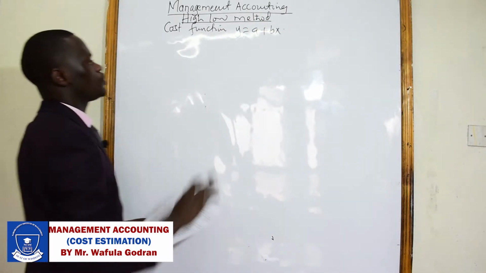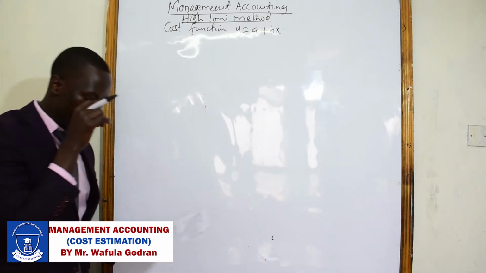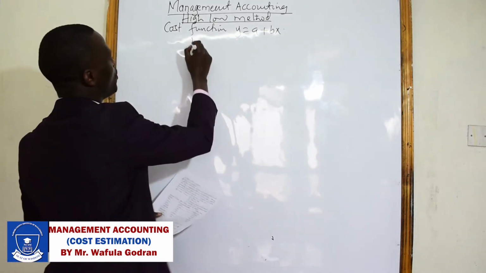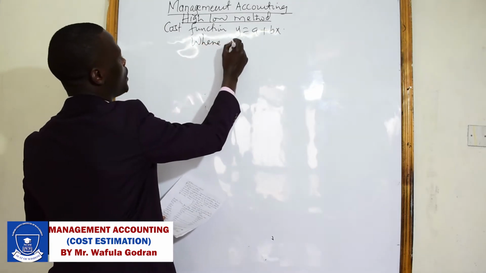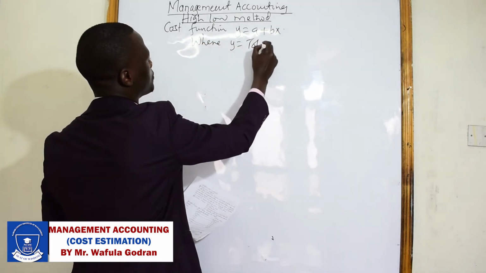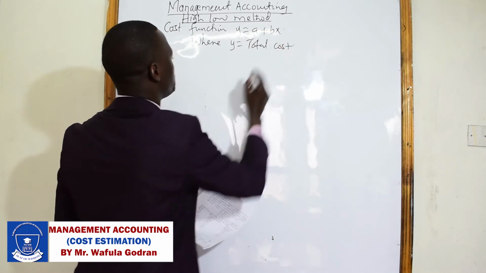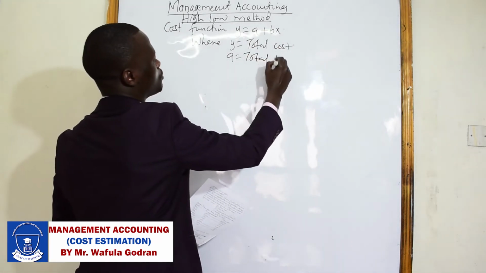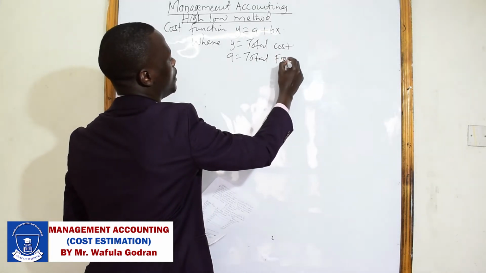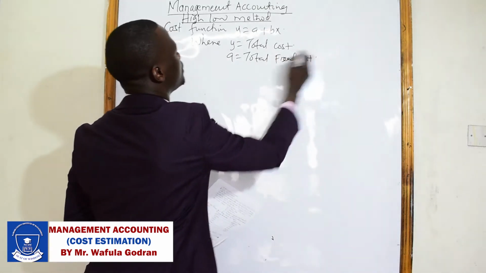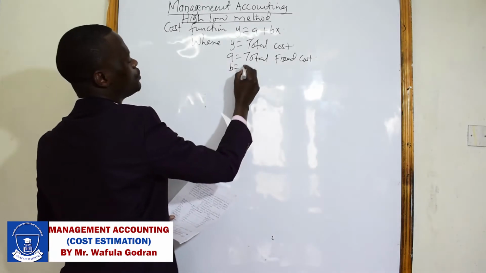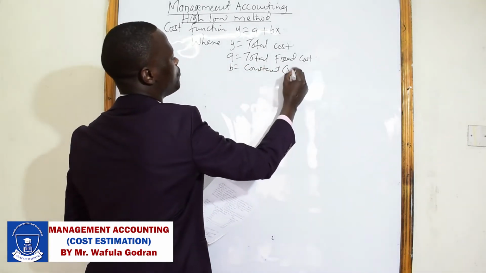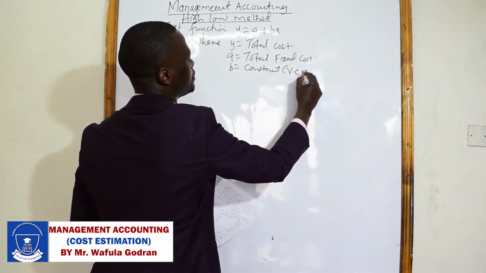So we established the cost function in the form y is equal to a plus bx, where y stands for the total cost for that period, a is the total fixed cost, and b is a constant, and this constant represents variable cost per unit.